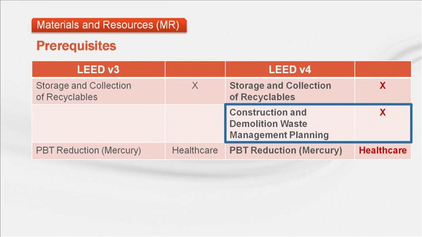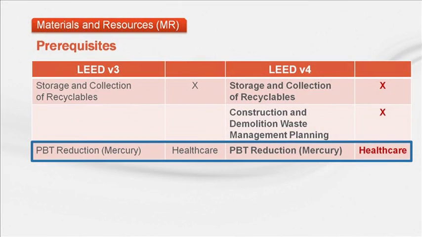Elevating these best practice strategies from a credit to a prerequisite helps move the needle to a higher level. To comply, waste diversion targets need to be defined, and a final report will need to be submitted. This is to set a target for waste diversion and is not connected to a performance requirement. In addition, there is a credit that can earn up to 2 points for meeting performance requirements for waste diversion.